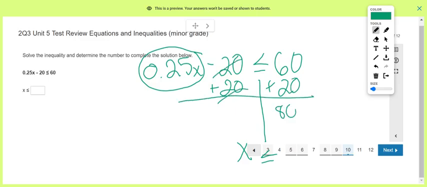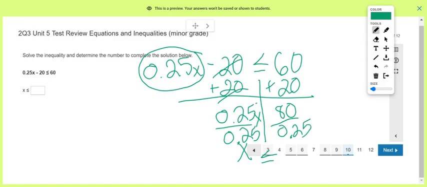So now we have 80 on the right side, and then 0.25x. We're going to divide both sides by 0.25. So this is going to cancel. 0.25 divided by 0.25 is 1x.